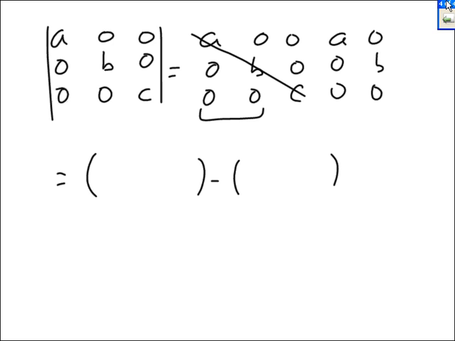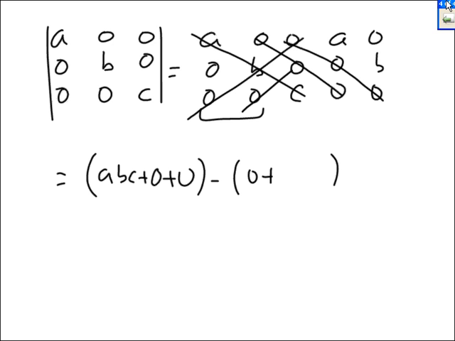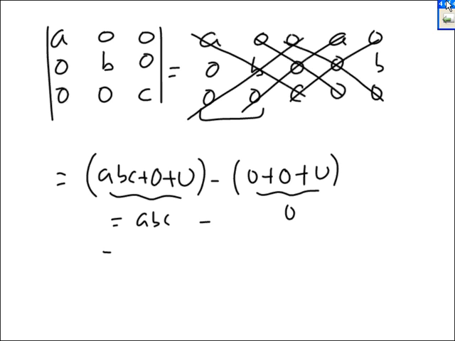It's ABC plus 0 plus 0 minus 0 plus 0 plus 0. This is 0, and this is just ABC. You have ABC, and you take away 0, get ABC.